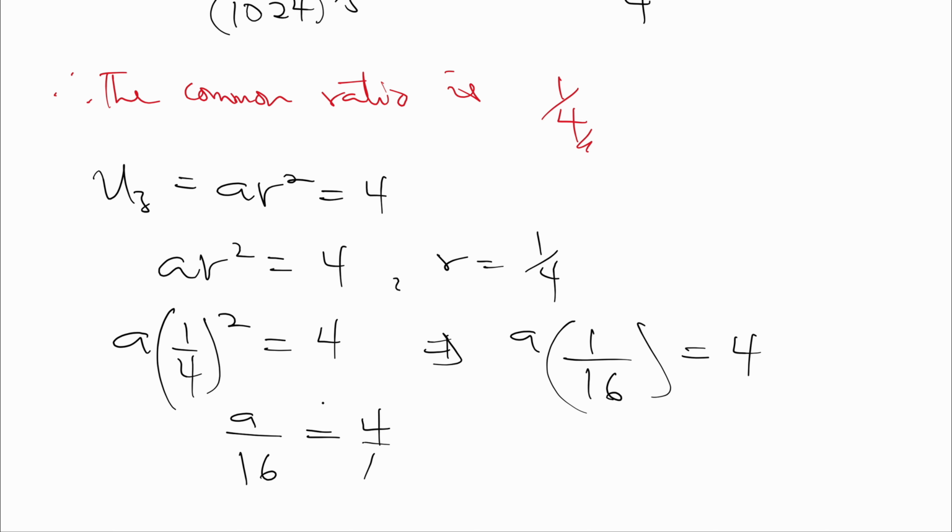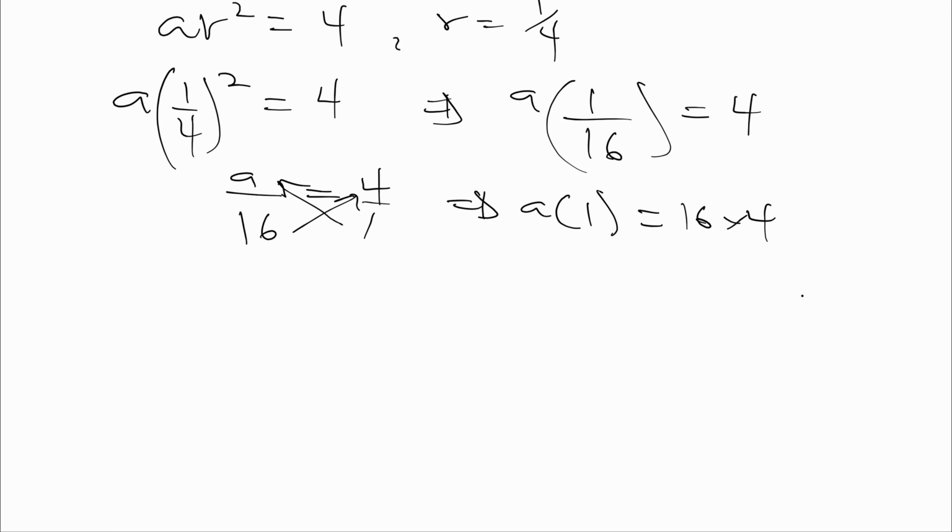Now 4 is the same as 4 over 1. So here we cross multiply. So we have a multiplying 1 is equal to 16 times 4. Now a times 1 is a, and a is equal to 16 times 4, which gives us 64.